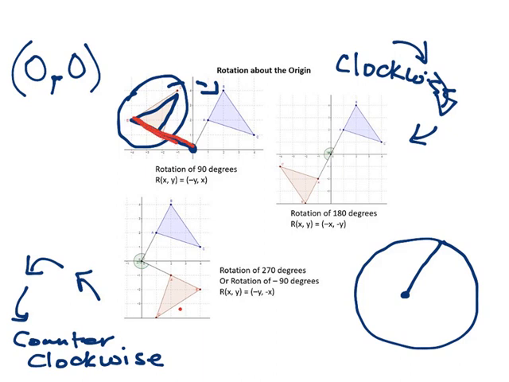If you see these lines, so this line to this side of the shape, and this line to this side of the image, so we have our pre-image and our image, we can tell that this is 90 degrees. Okay, so it went from quadrant 2 to quadrant 1 with that 90 degree move.